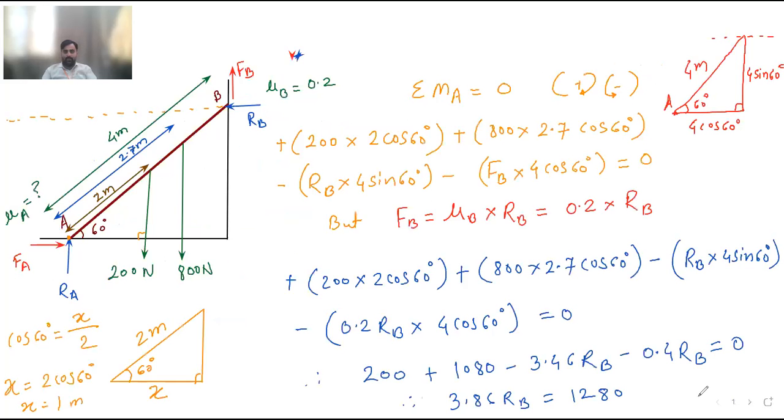Now see here, the horizontal forces. This FA is moving towards right, positive. This RB is moving towards left, negative. So only two forces are there. There is no other force which can contribute to this.